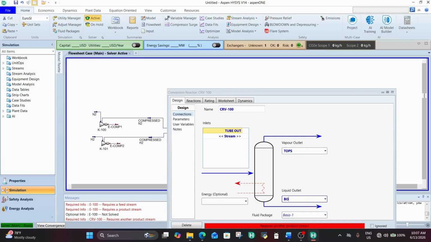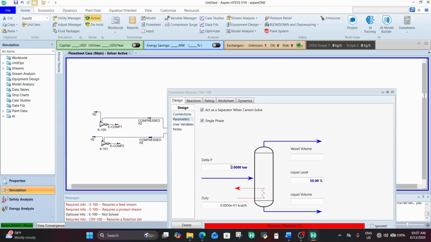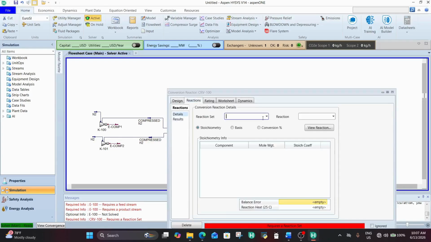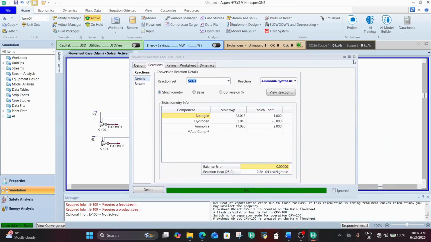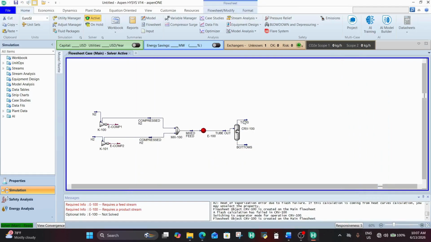Bottoms. Single pass, two bar, reaction set. Right. You can see the temperature, 633.1, 198. So that tells us we're good to go.